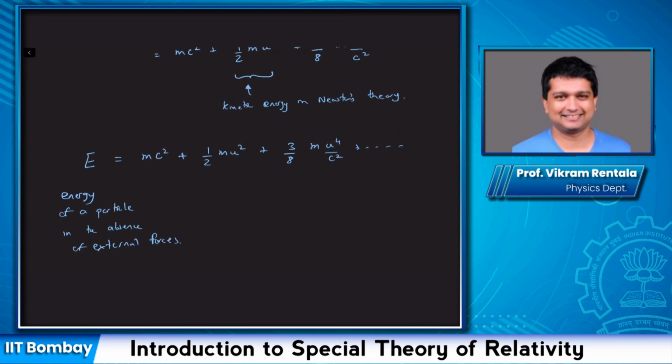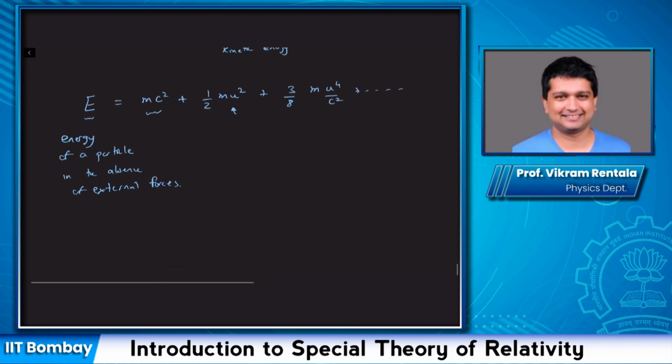So what is kinetic energy? Kinetic energy is just the energy possessed by a particle due to its momentum, or due to its velocity. The fact that the particle has a velocity gives rise to some energy. But what we see is that even if the particle's velocity was 0, the particle would still have some energy.